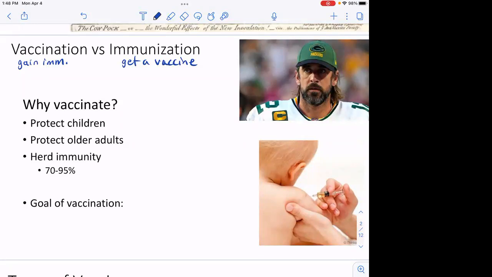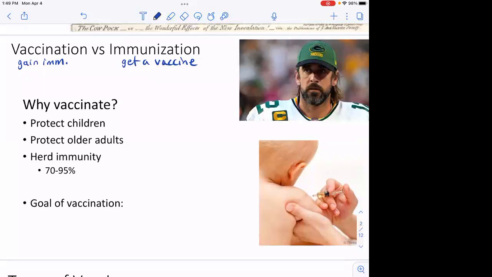What Aaron Rodgers was calling immunized was, I took some kind of herbal remedy and it boosted my immune response. That's not the same thing as getting a vaccine. A vaccine is boosting your immunity to a specific pathogen, getting memory B cells and memory T cells. So again, usually we use those synonymously.